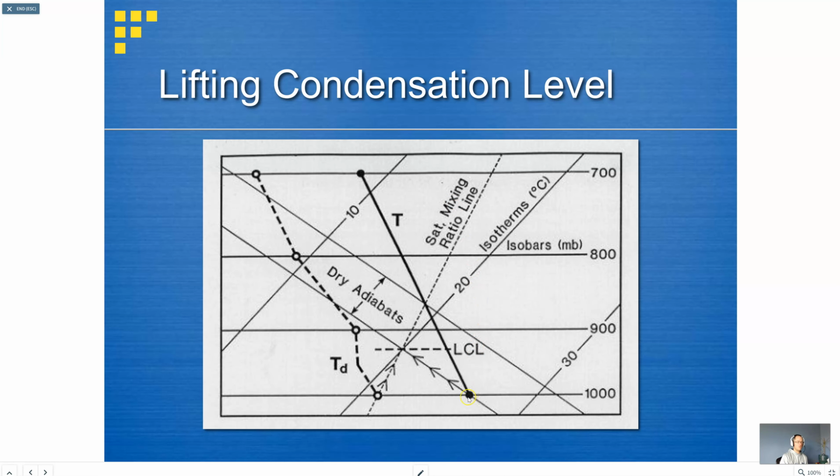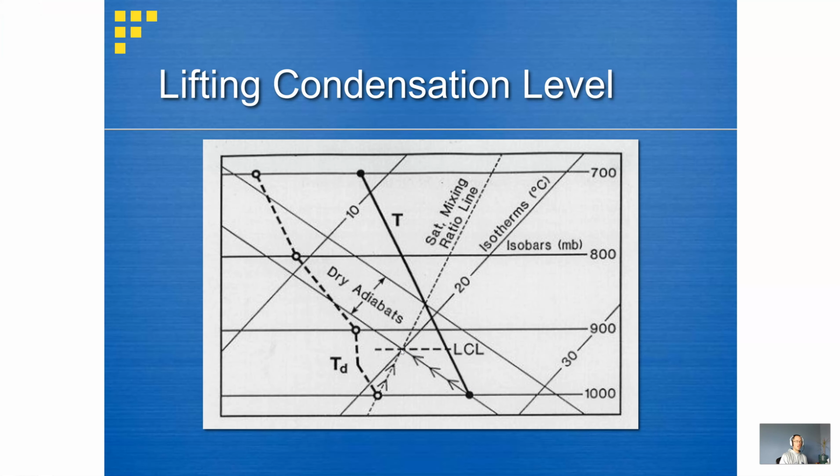The idea is that we lift this parcel dry adiabatically until it becomes saturated, and this is where condensation would occur if we were to actually lift this parcel up. Remembering that there are many ways that we can lift a parcel, this is one of the things you'll spend more time on in your curriculum next year. And there are other levels, such as the CCL, or the convective condensation level.